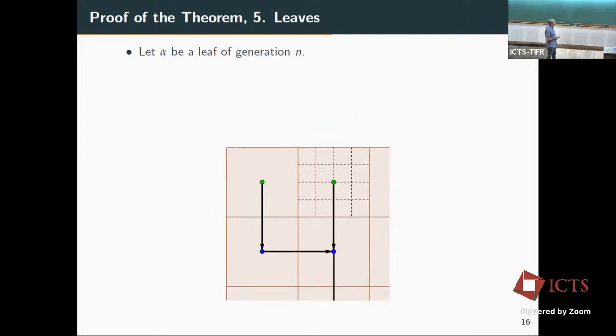So now begin with the proof. Let us start with a leaf. So let's assume that alpha is a leaf of generation n. So this is the cube that we are considering.